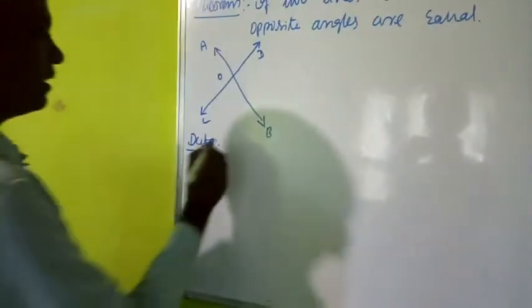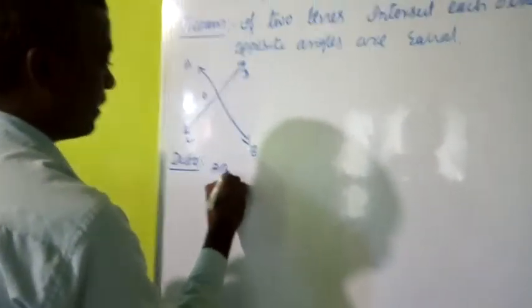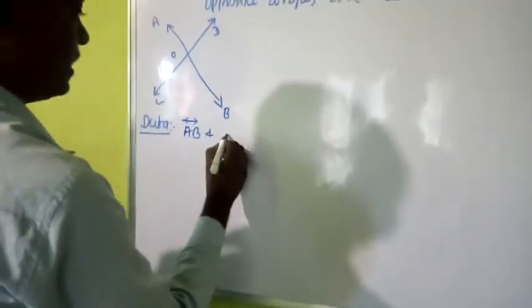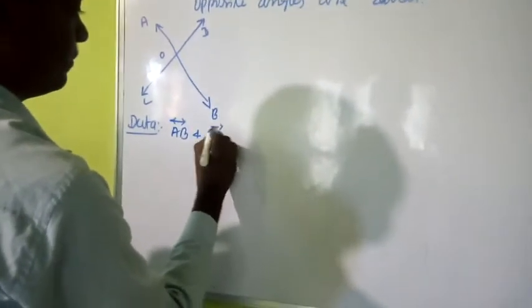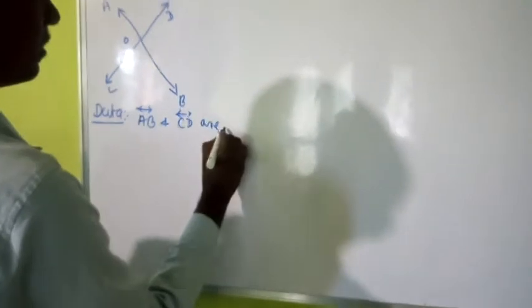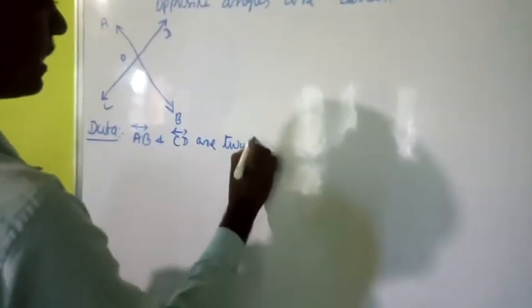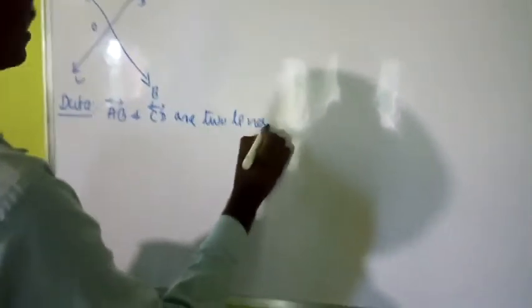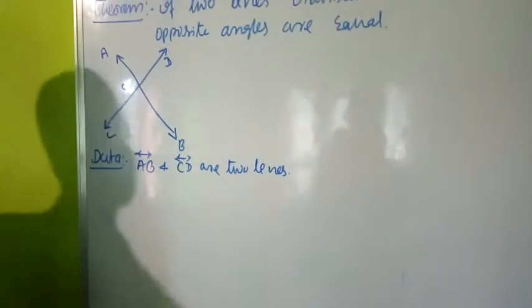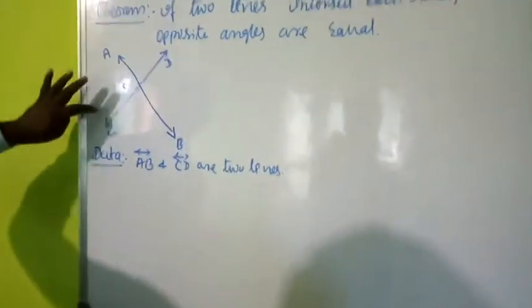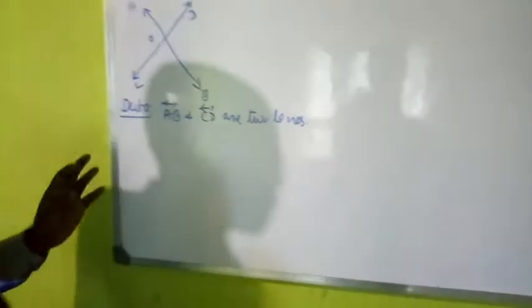Data: line AB and CD are two lines. Correct? AB and CD are the two lines, with arrow marks on both sides indicating that it is a line.